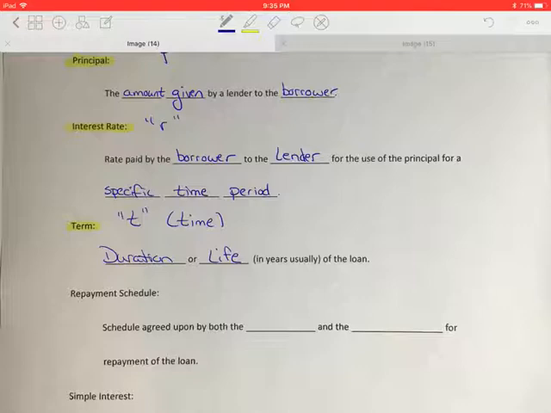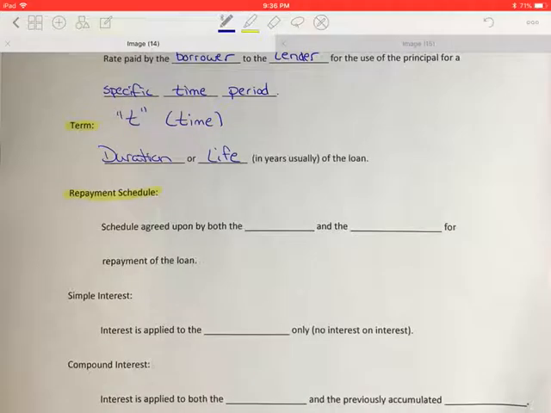Okay, so like I mentioned, car loans are typically 5 years, mortgages are typically 30 years, but you can get other terms. Okay, next we have what we're going to call the repayment schedule. And this is a schedule that is agreed upon by both the borrower and the lender for the repayment of the loan.